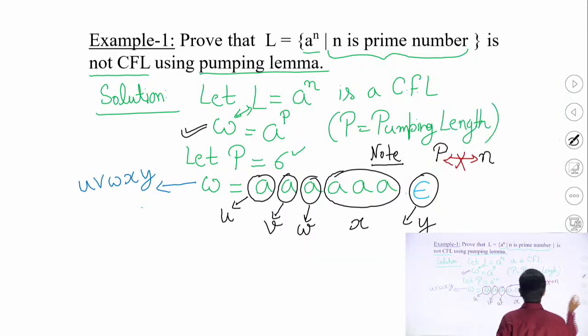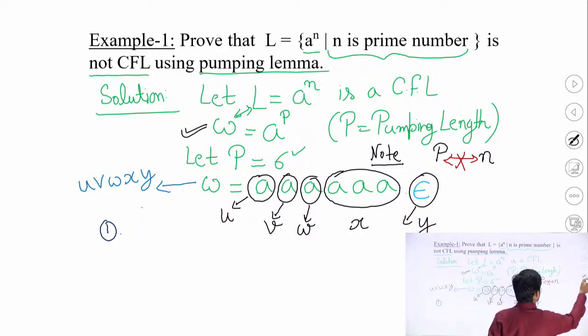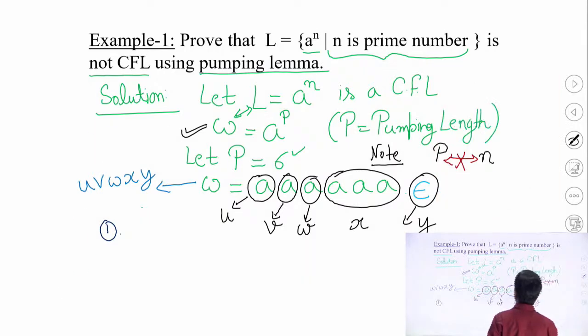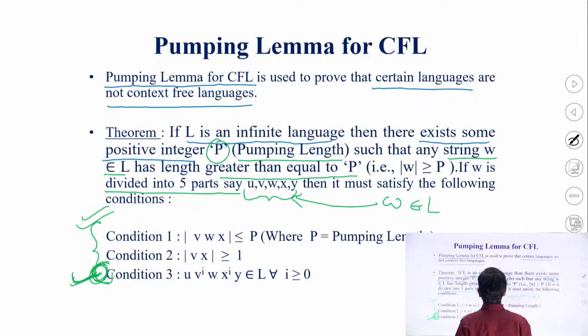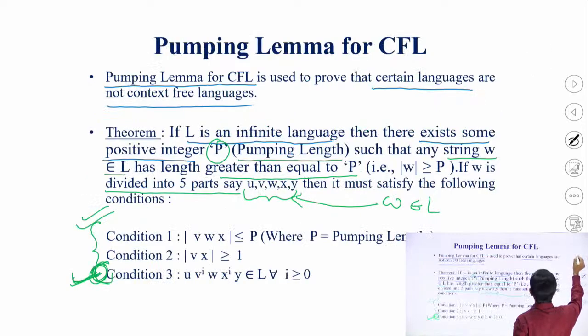Now see the 3 conditions. First condition is, the length of vwx is less than or equal to p.